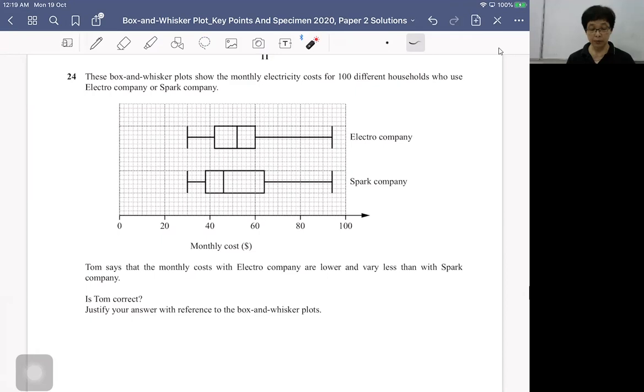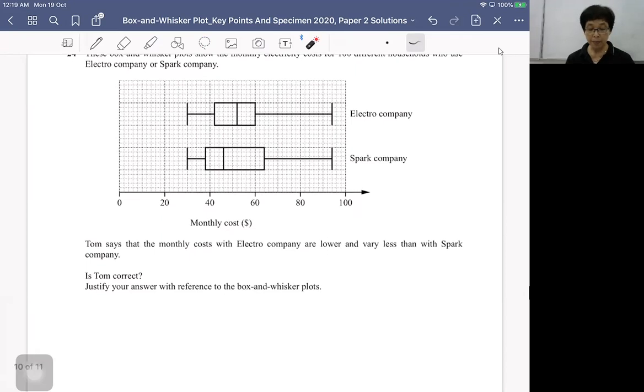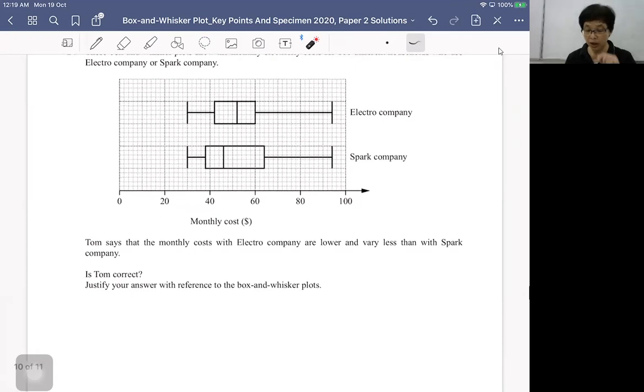Now read the question. Tom says that the monthly costs with Electro company are lower and vary less than with Spark company. So Tom makes 2 interpretations, and hence he draws 2 conclusions. Now the next question is, is Tom correct?